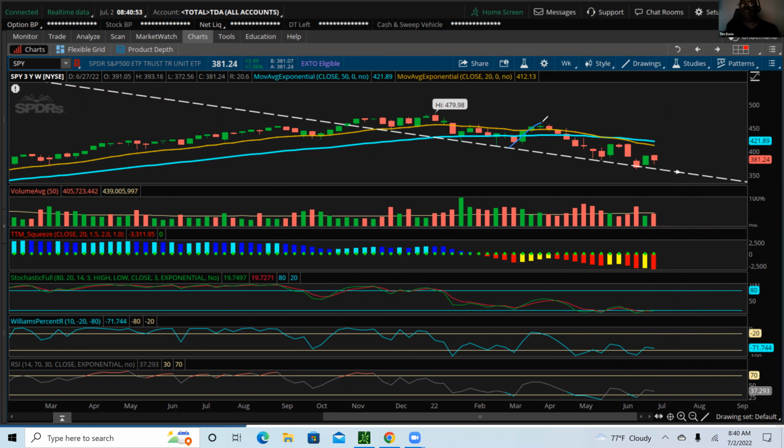Up to the moving averages, back down. That's how this cycle should continue to go for a while, until we establish a bigger bounce above the moving averages or a bigger drop below this trend line.